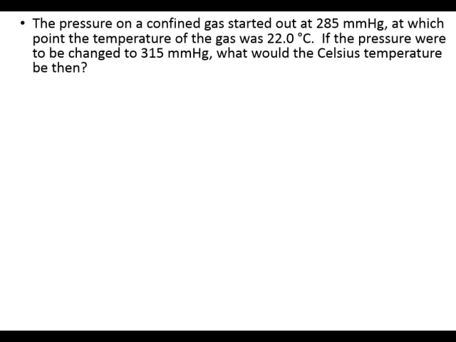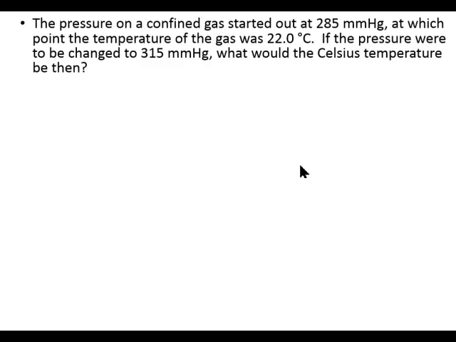Let's take a look at an example. Here we have the pressure on a confined gas started out as 285 millimeters of mercury, at which point the temperature of the gas was 22 degrees Celsius.